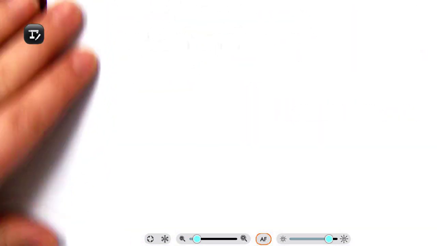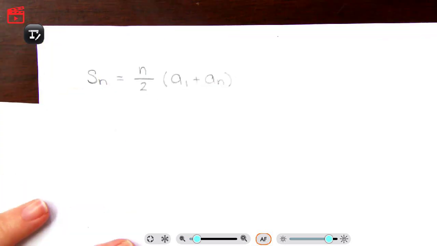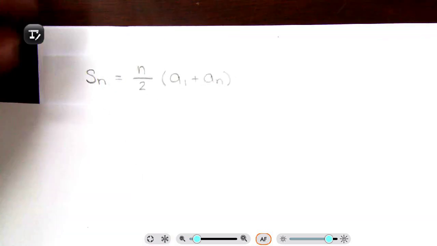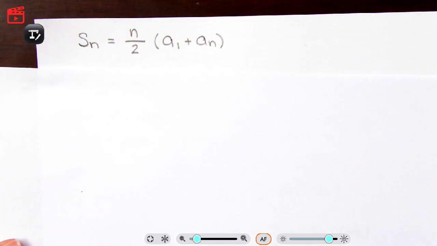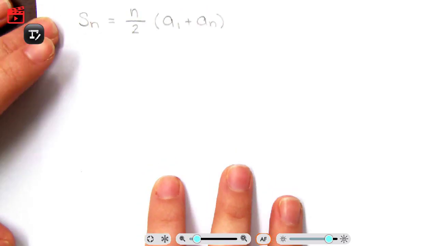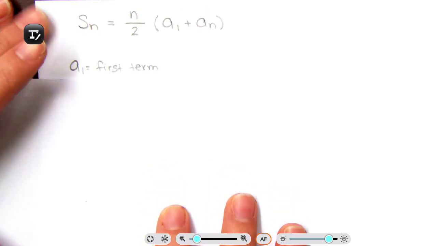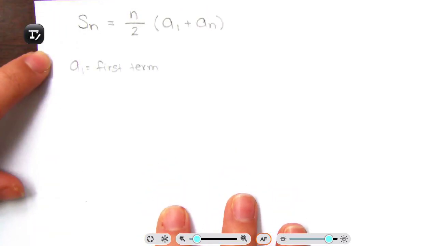S sub n is equal to n divided by 2 times a sub 1 plus a sub n. That's the formula that you're going to need for a finite arithmetic series. Just to remind you what each little part is, a sub 1 is our first term.